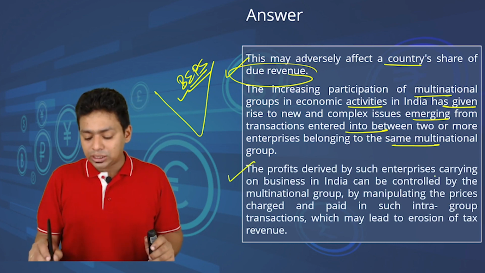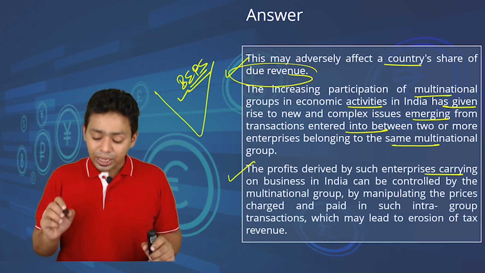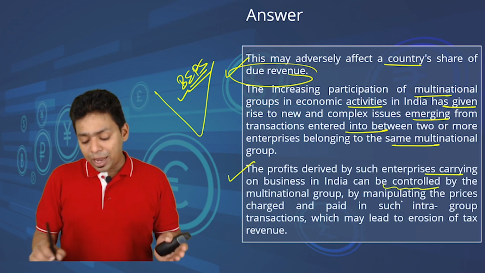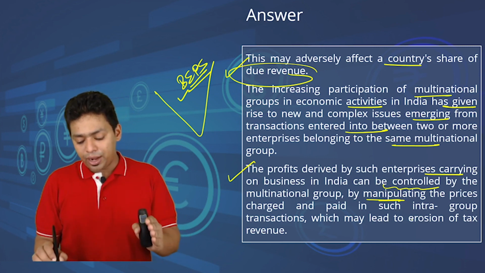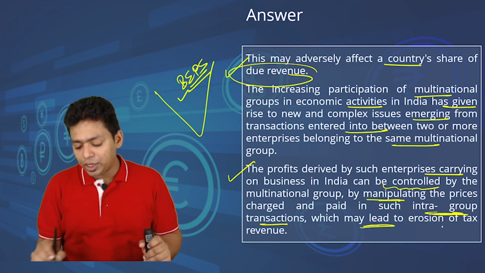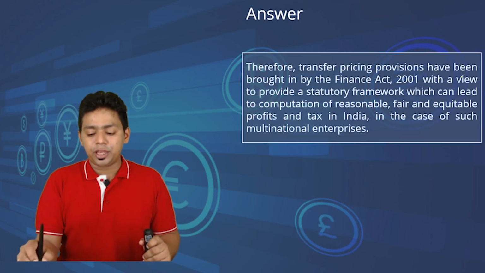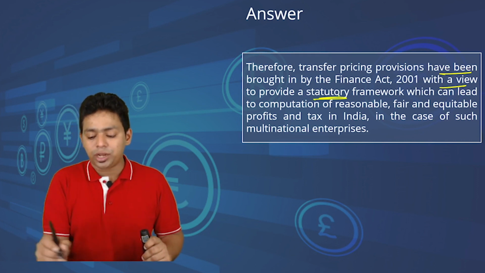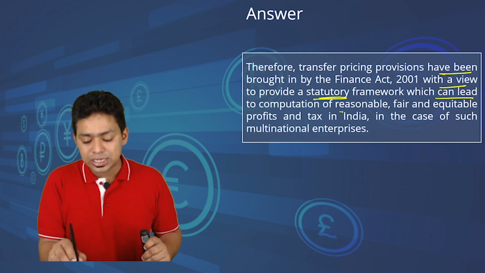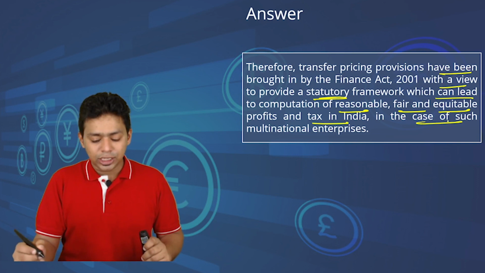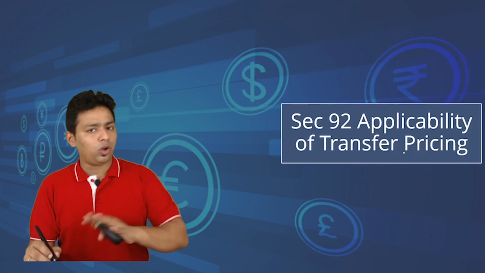The profit derived by such an enterprise carrying on business in India can be controlled by the multinational group by manipulating the prices charged and paid in the intra-group transaction, obviously a related party transaction, which may lead to erosion of tax revenue in India. Therefore, transfer pricing provisions have been brought by the Finance Act 2001 with a view to provide a statutory framework which can lead to computation of reasonable, fair, equitable profits and tax in India in the case of such multinational enterprises. So this was the whole background.